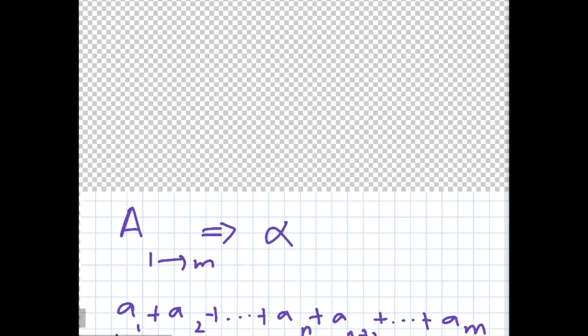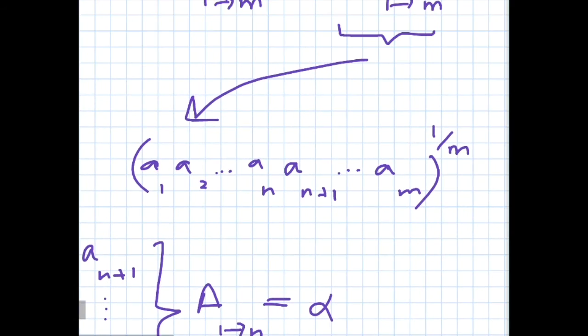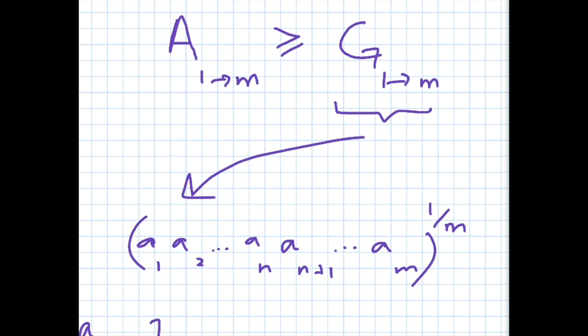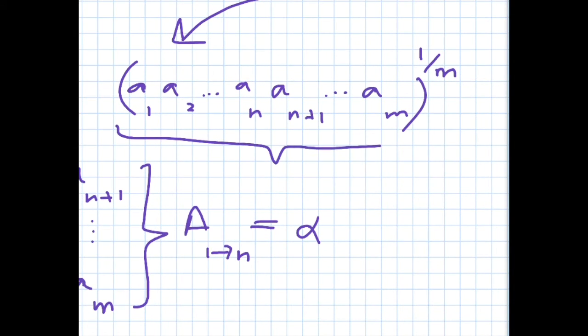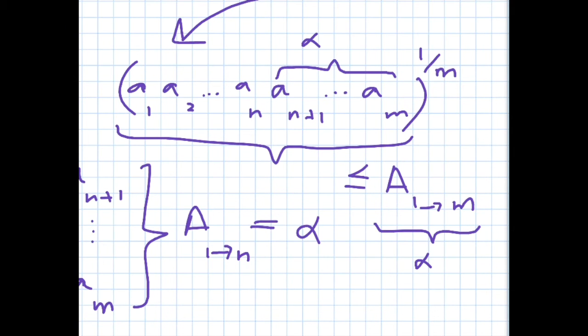Going back to our original inequality, when we say that this is less than the arithmetic mean of 1 to m, this becomes alpha, and this becomes alpha to the power of m minus n.